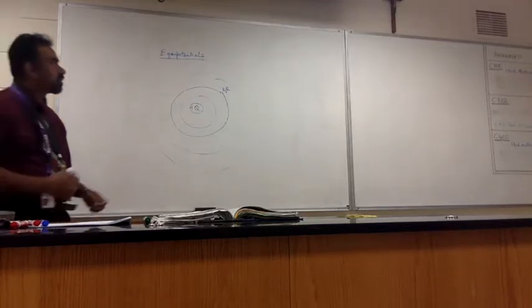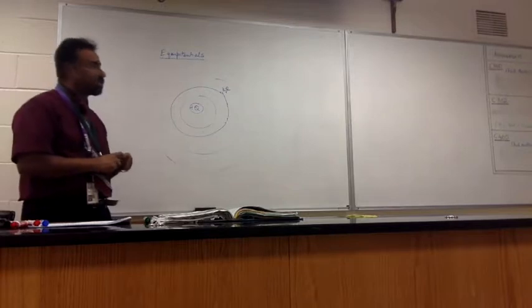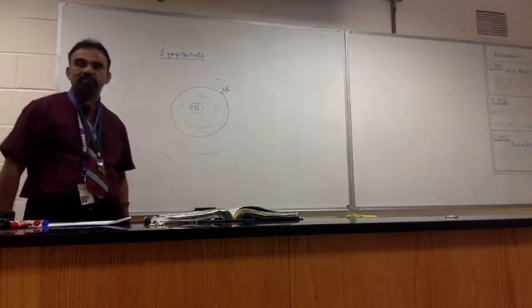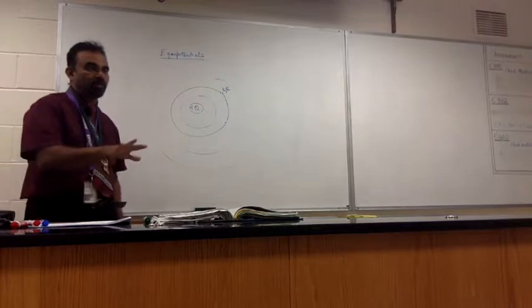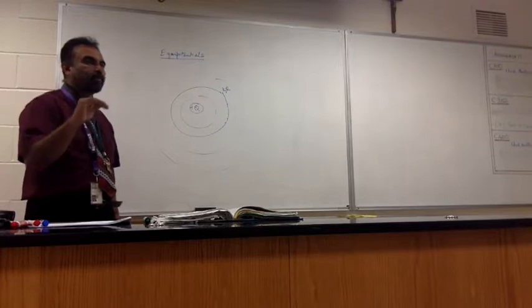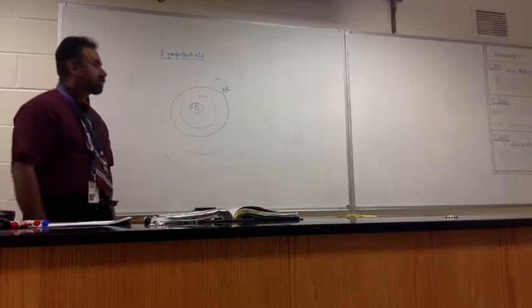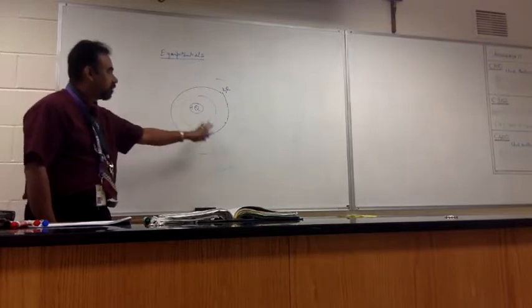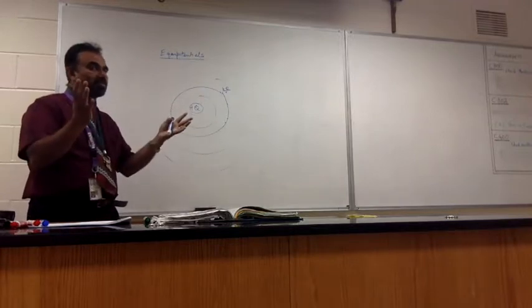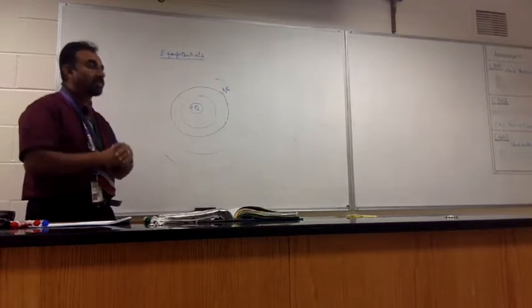So what is an equipotential line or a surface? It is the locus of all the points having the same potentials. Locus means connection. Now, on a two-dimensional plane, you'll see it comes out as circles. On a three-dimensional format, you'll see a spherical surface.